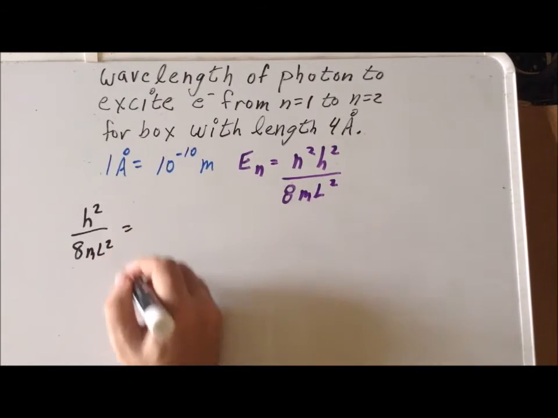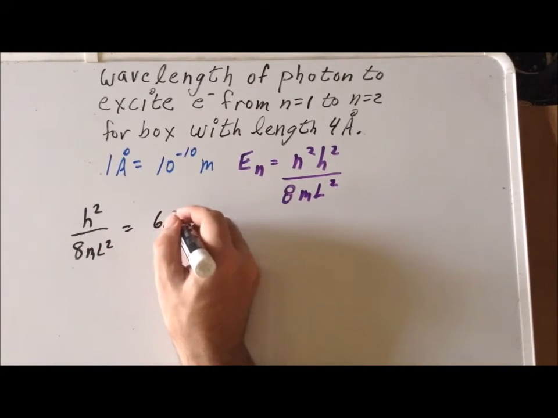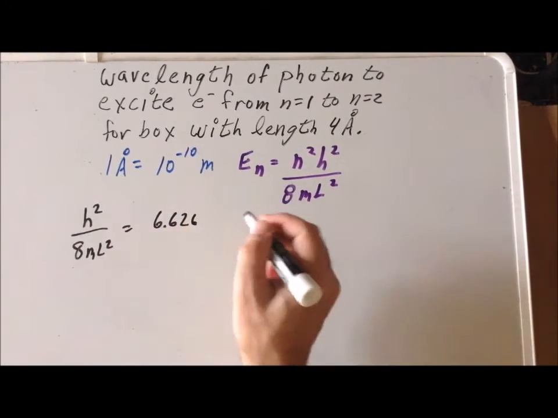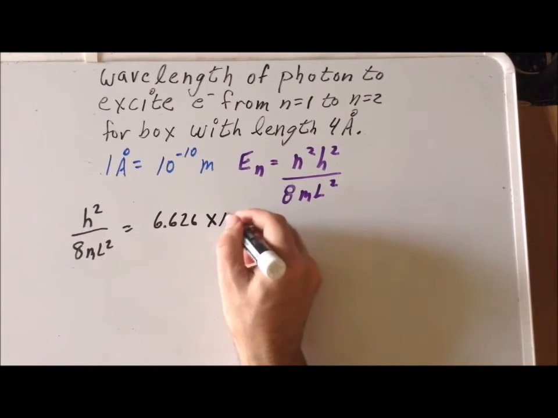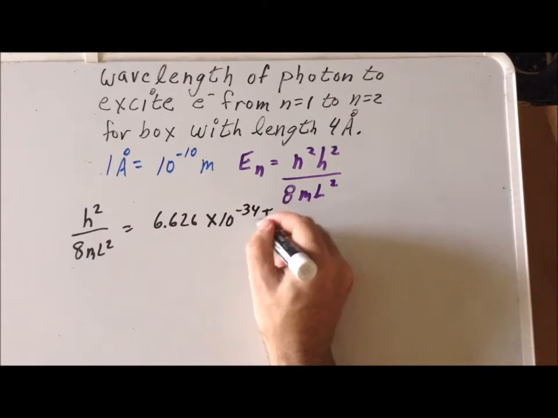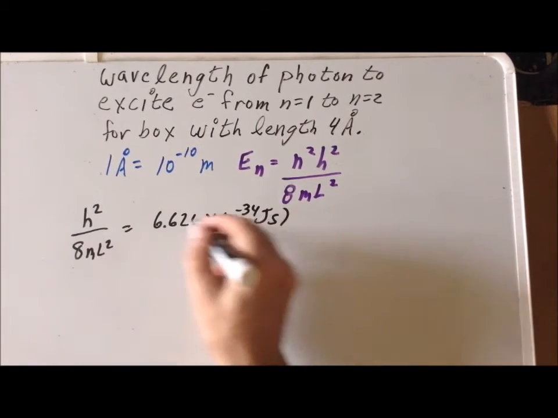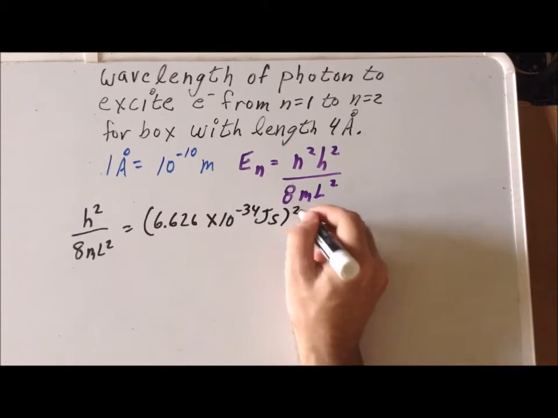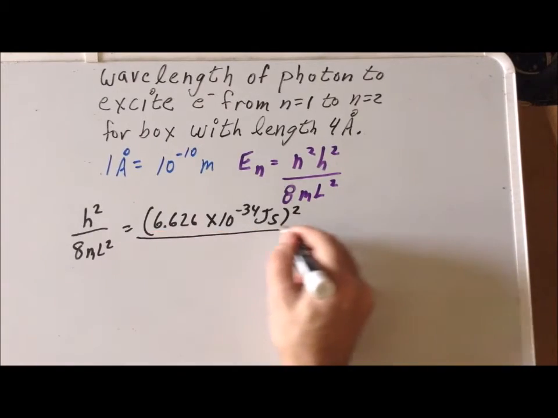So Planck's constant is 6.626 times 10 to the minus 34 joule seconds. And that quantity being squared, divided by 8.